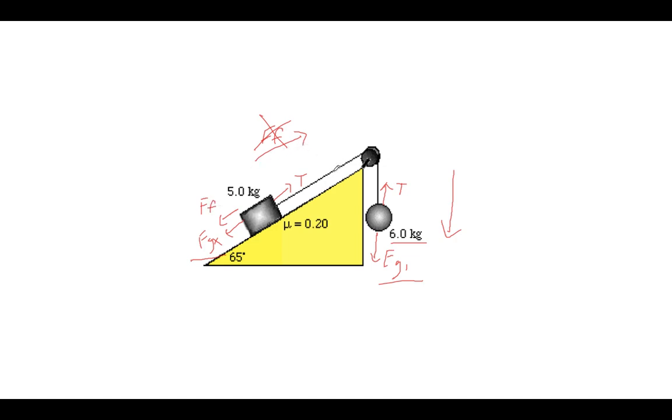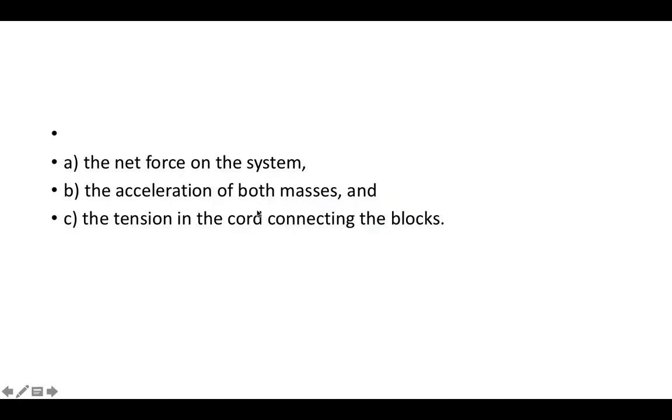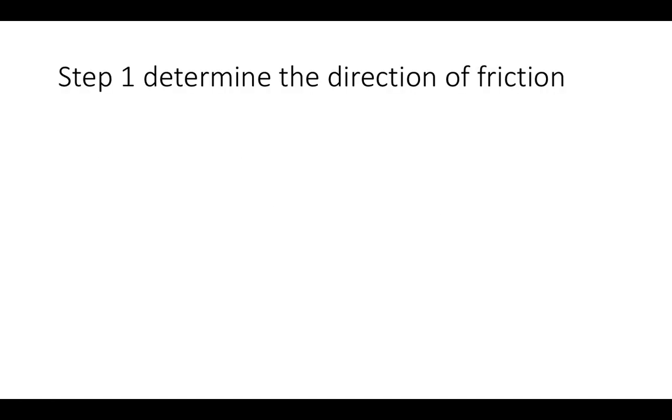That can be a confusing point. So friction is going to act opposite the direction of motion. So the first step is to determine the direction of motion and then determine which direction friction is going to act. So step one, determine the direction of friction.